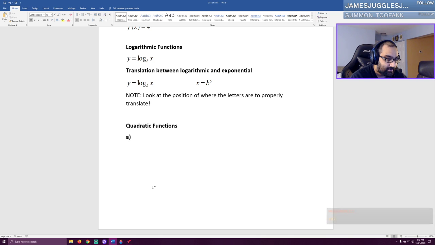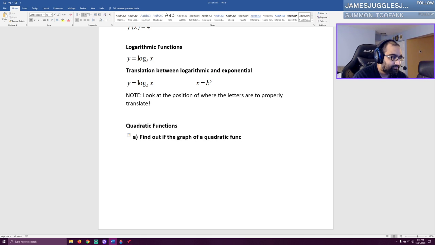Okay, so we want to first find out if the graph of a quadratic function opens up or down. All right, letter B, we want to find the vertex, and we'll describe what each one of these means.